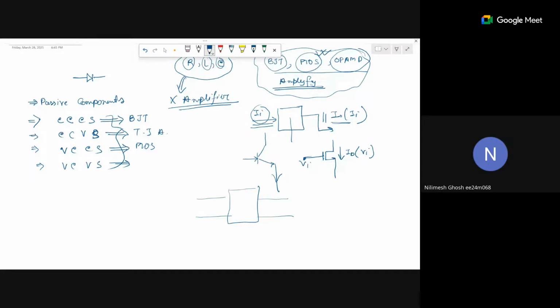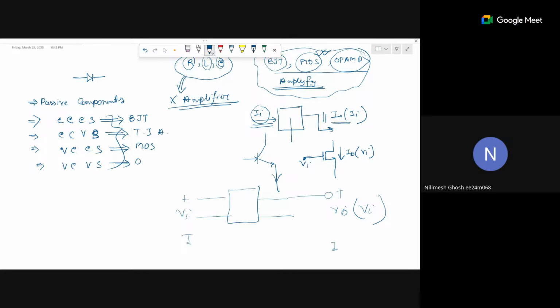Or you can say we give some voltage with respect to ground. Let's say this is ground. Some Vi, and we will also get some voltage with respect to ground, V out. This V out should be a function of Vi. So that is an op amp.